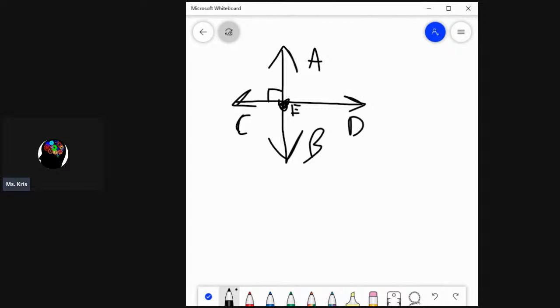So, the first thing, of course, we do is we give the given that line AB is perpendicular to CD and it's intersecting at E. That is the given.